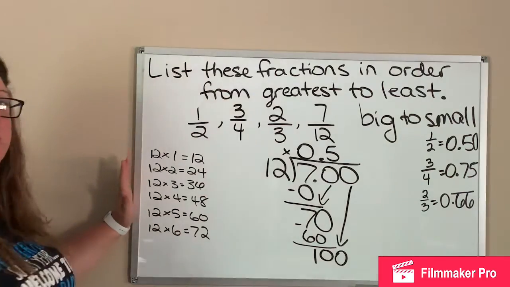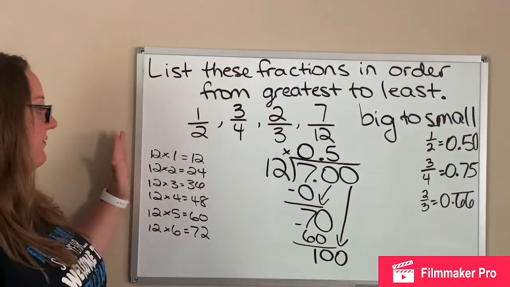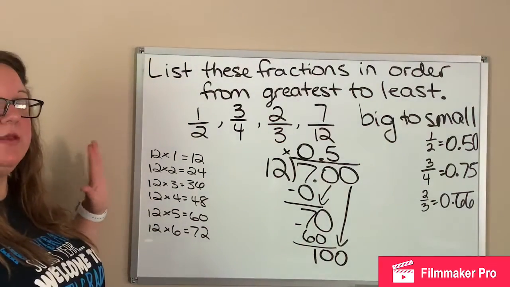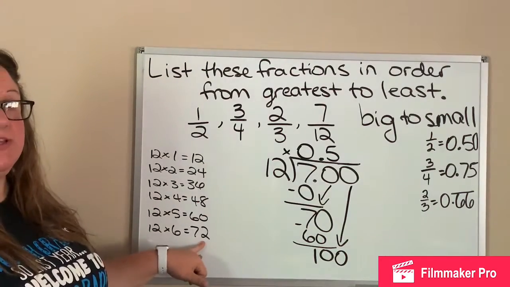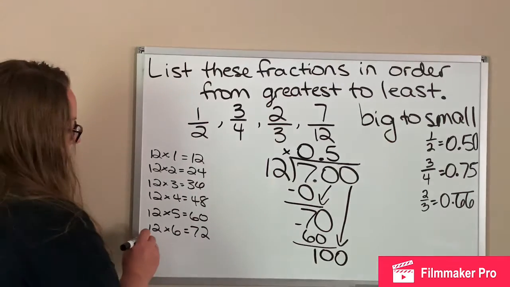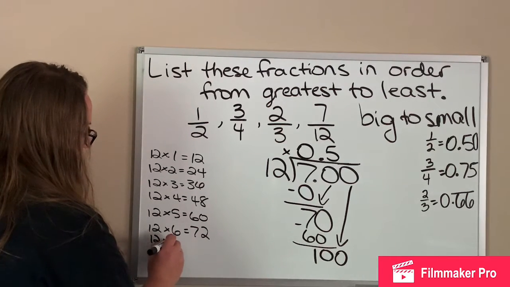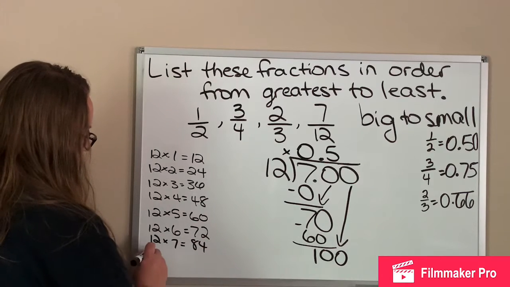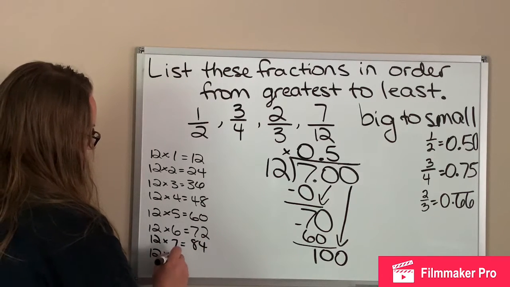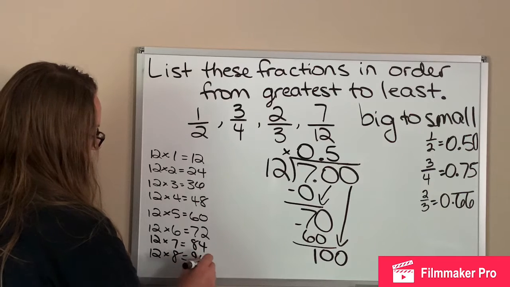So if I come over here to where my multiplication facts for 12 are, I've got to keep going because I stopped at 72. So I've got 12 times 7, which equals 84. 12 times 8 equals 96.